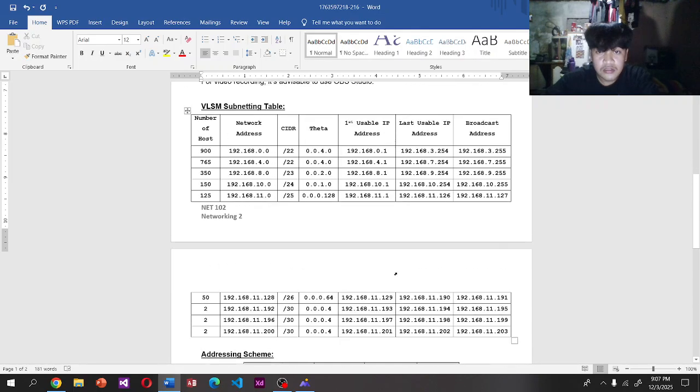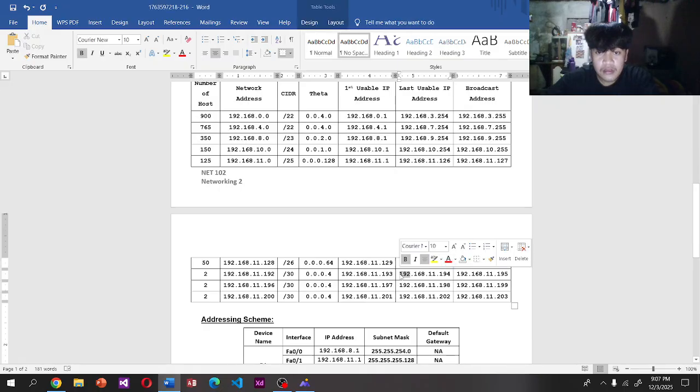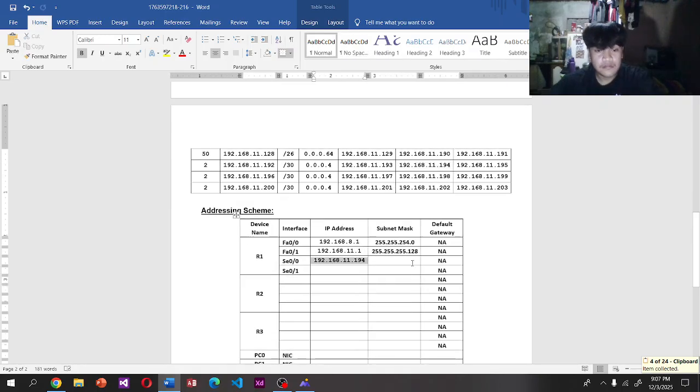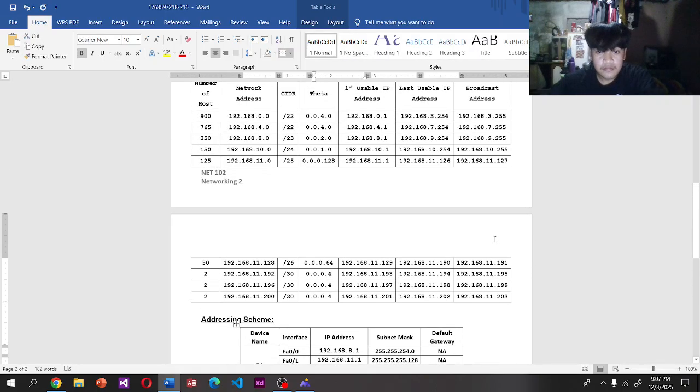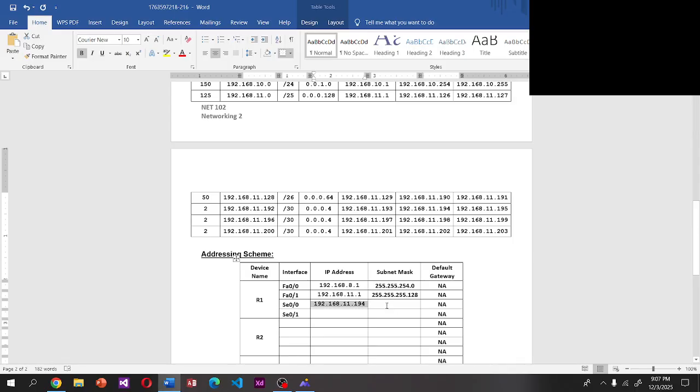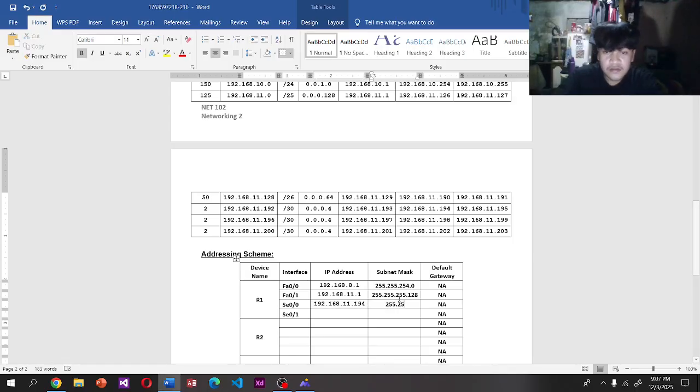The subnet is /30, so the mask is 255.255.255.252.